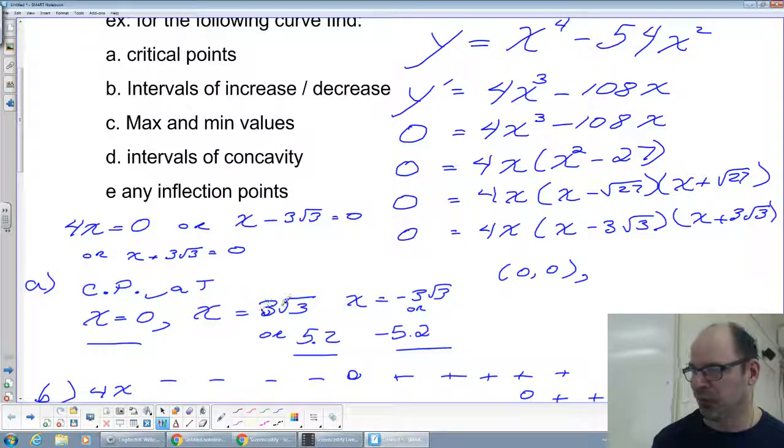Now let's do 5.2. We'll use 5.2 because it'll be easier with our calculator. So go 5.2 to the power of 4, minus 54 times 5.2 squared.